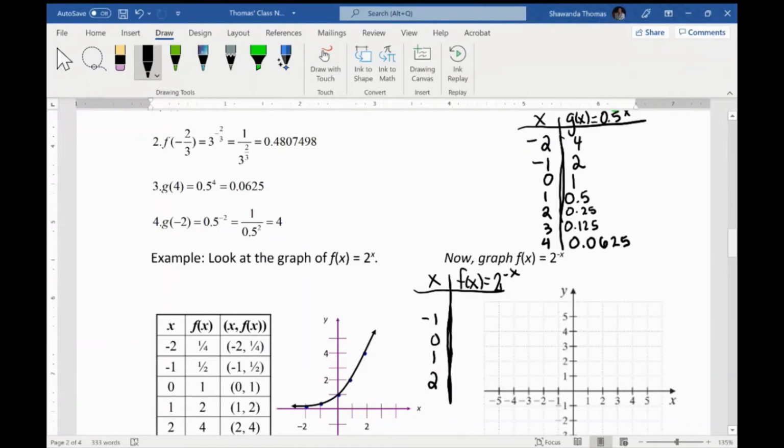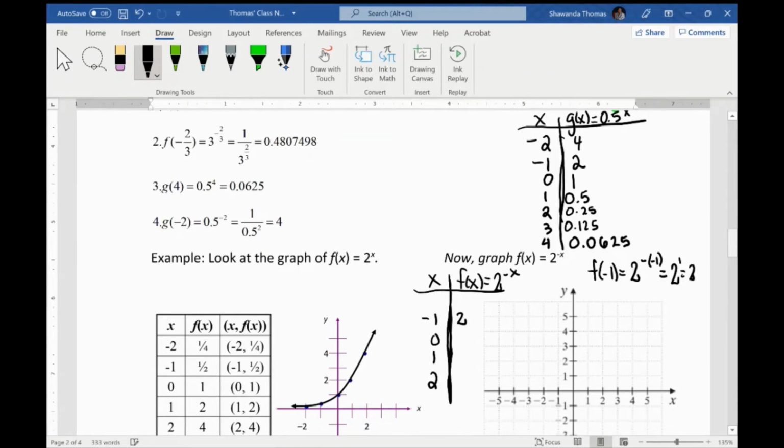Plug in -1. What would you get? You got 2. Let me look. We have f of -1 equals 2 to the -1. What is that? 2, right? Because it's 2 to the first power, correct? All right.